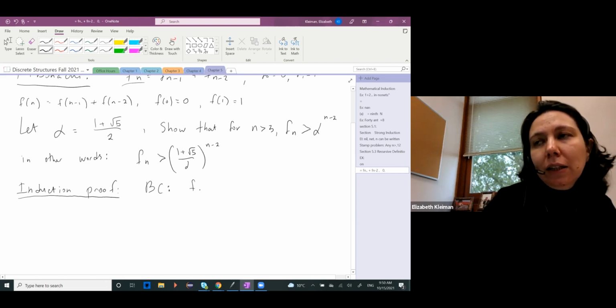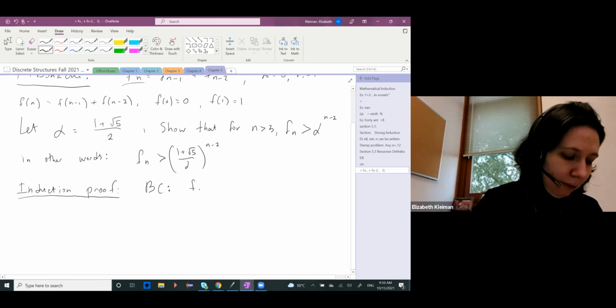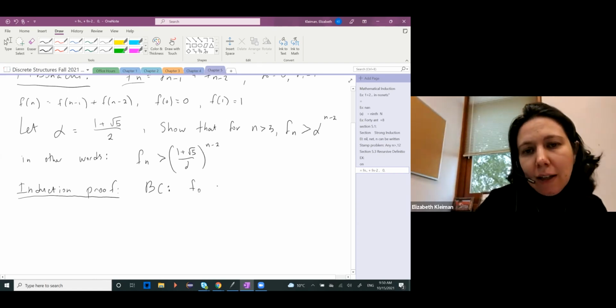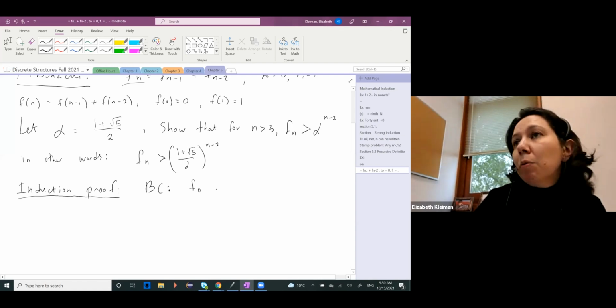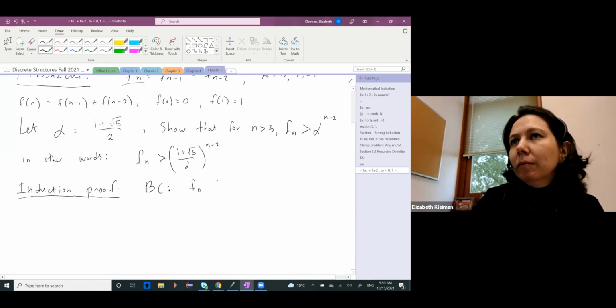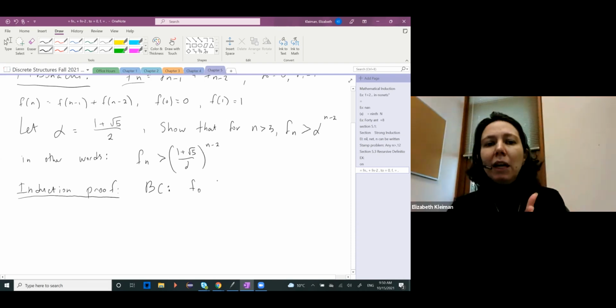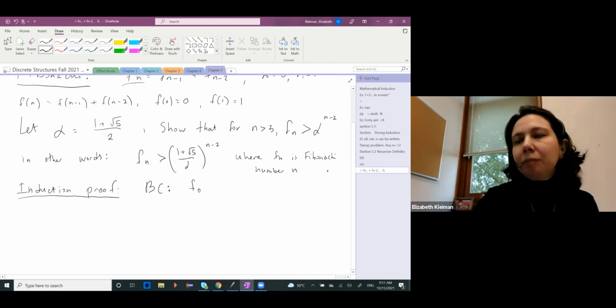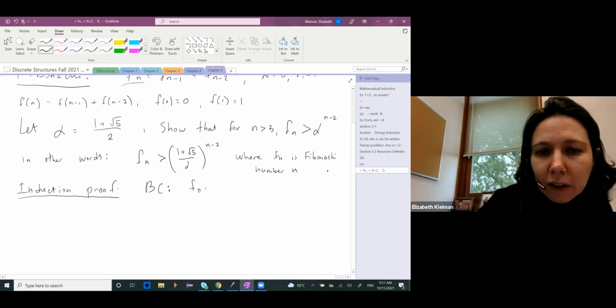In order to do induction, we need to do a base case, correct? For the base case, we're going to do F0 and F1, correct? Now, in Fibonacci, what is F0? This is for Fibonacci, correct? So it's 0, correct?